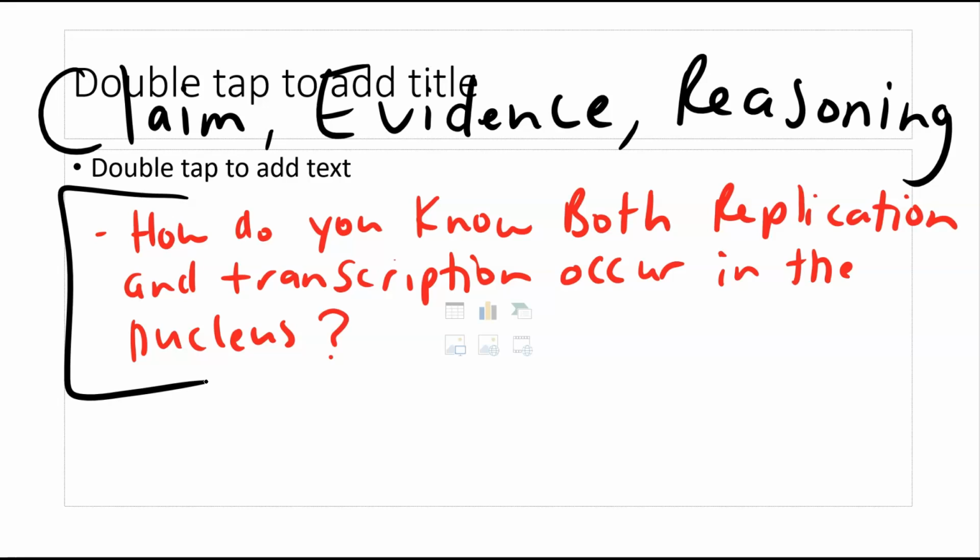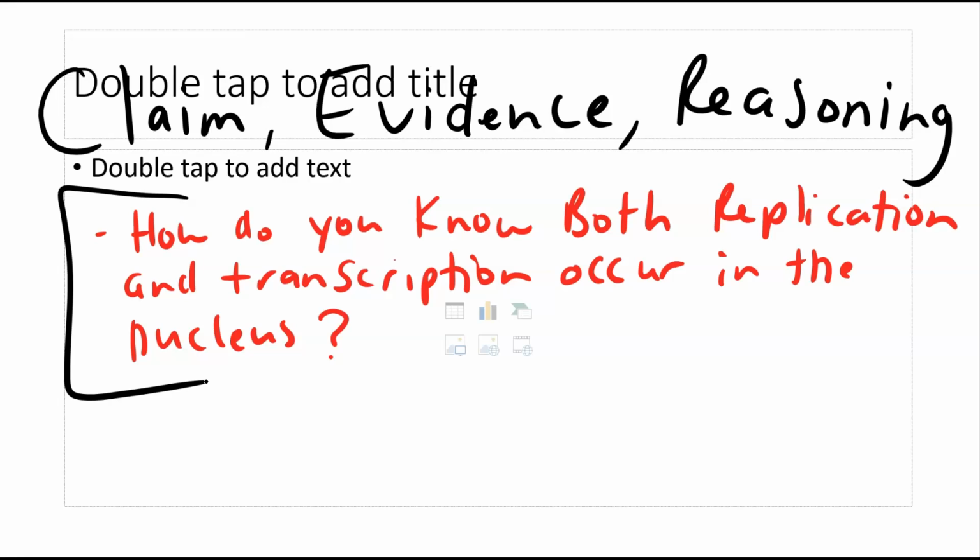Now, most students are capable of memorizing that. My students do a very good job of knowing the facts, and you guys can attest to this when you're listening to this. I also want students to be able to tell me why they know that fact to be true. So aside from memorizing something, how do you know that transcription and replication occur in the nucleus?